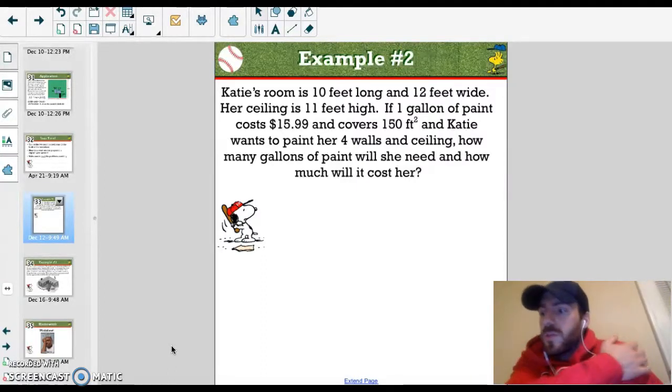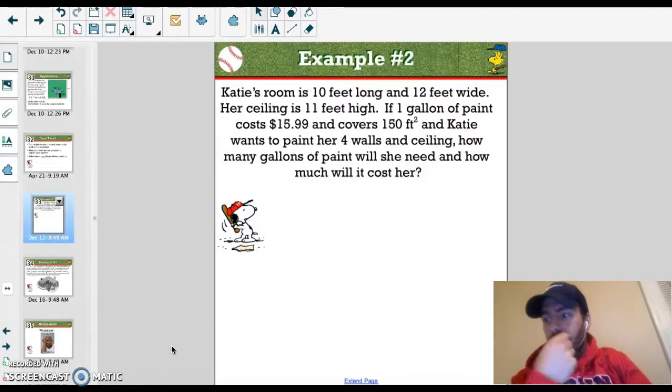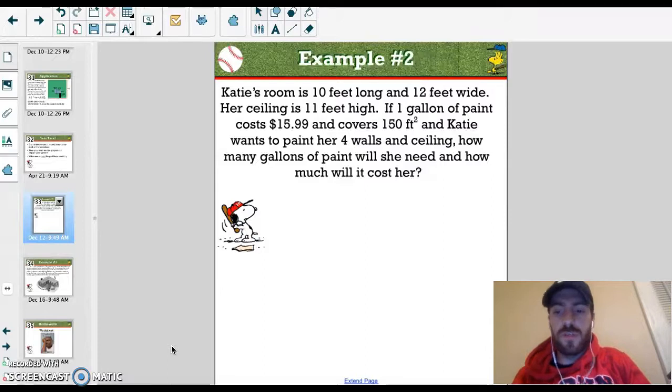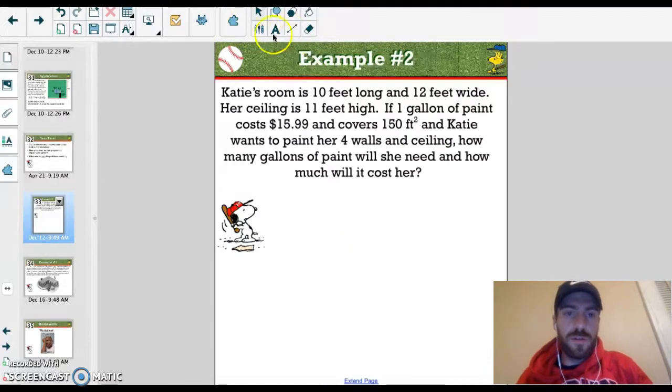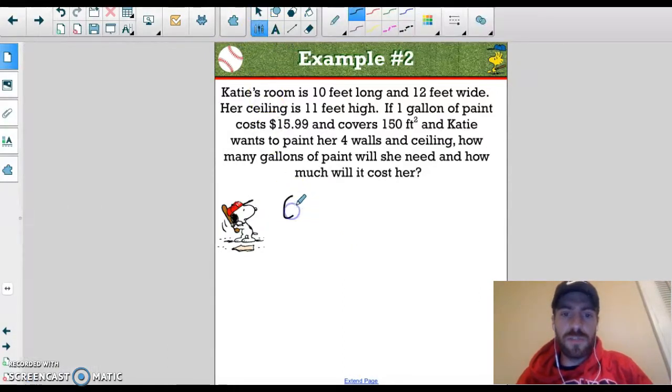So you should have got 220, which is 2 of the walls, 264, which is the 2 other walls, plus your ceiling, which was 12 by 10, plus 120. That would give you 604. So painting the walls and the ceiling, that's 604.